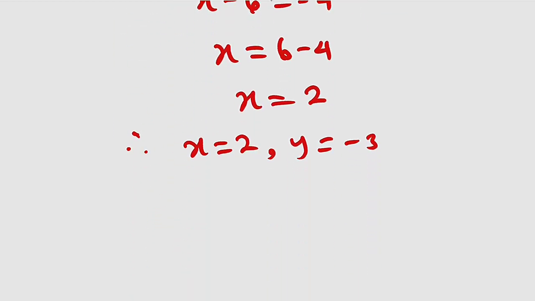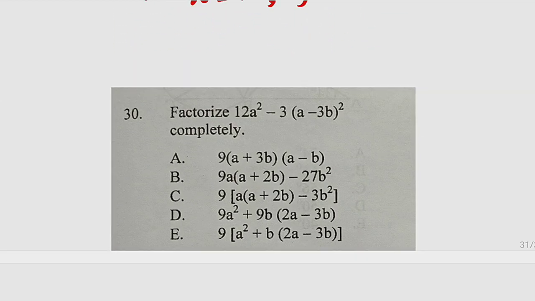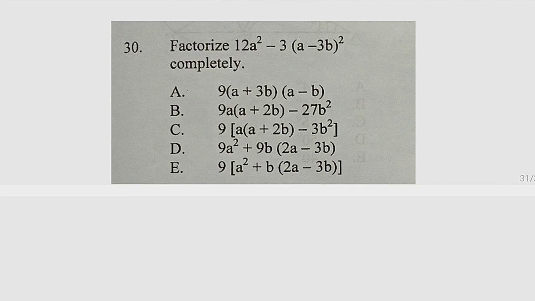Now let us move on to question number 30. Question number 30, we are asked to factorize completely 12a squared minus 3 times a minus 3b all squared. So I would like to expand this one first. So I have 12a squared minus 3, but the expansion of this to the power of 2 will be the first term squared, a squared, minus, because of that minus sign, 2 times a is 2a, times 3b is 6ab.